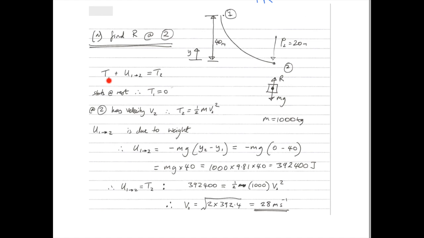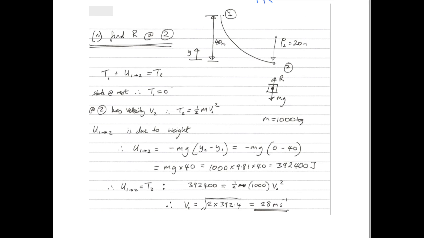So we need our initial kinetic energy, which is 0, it starts from rest. Our work done between 1 and 2 is simply the change in height, so it is minus mg (y2 minus y1).